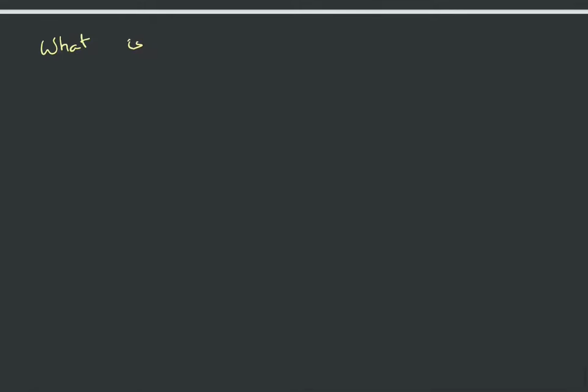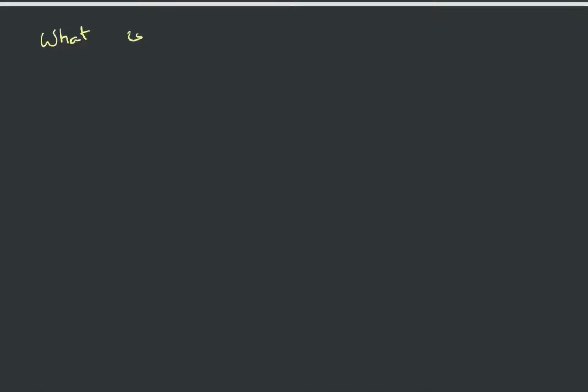Now let us try to understand what is a surd. Till now I have not discussed what is a surd. I have just discussed what is nth root of a and when it is valid, and the interpretation of nth root of a. But let us now try to understand what is actually a surd.